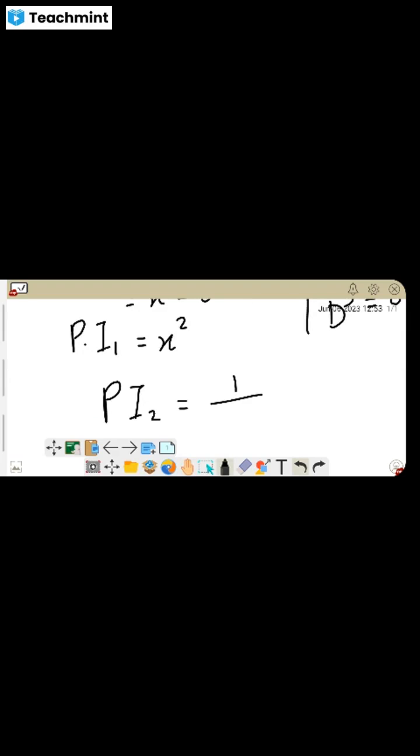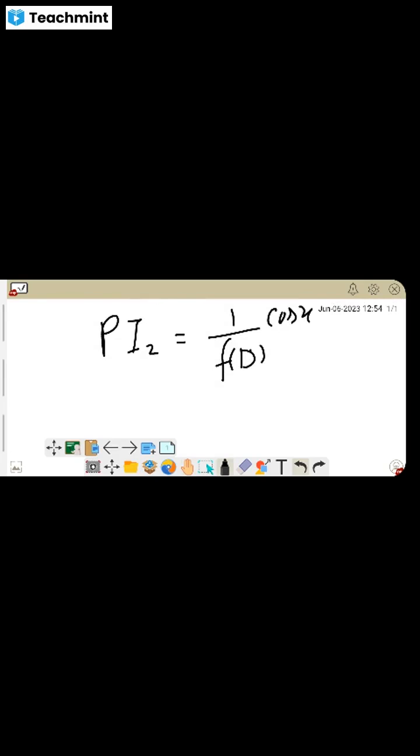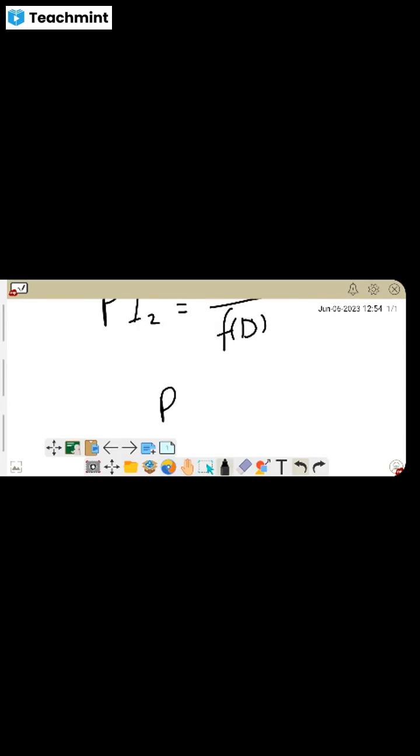Now let us find pi2, which is 1 upon fd of cos x. Now here a is 1, comparing. So now find f of minus 1.